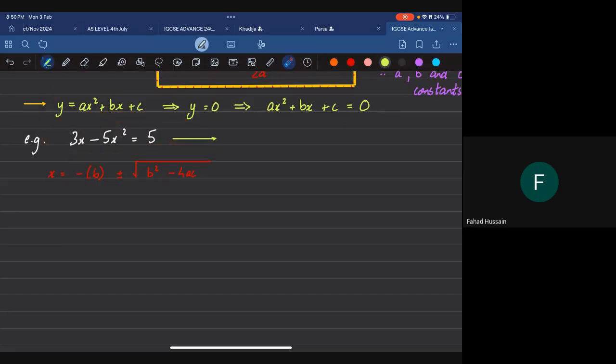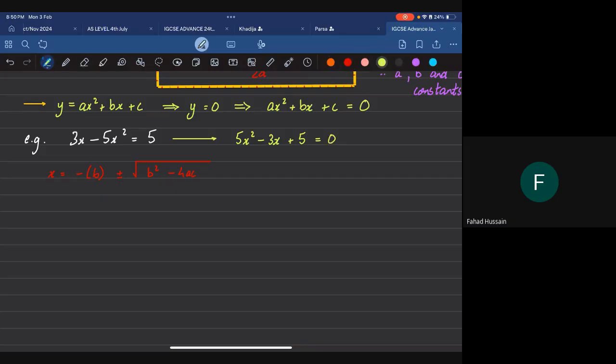And I like to keep my x squared term positive. I don't know why, I just like that. That's my preference, but you should do it as well because it gets easier to solve when your x squared term is positive. So it's going to be 5x squared minus 3x plus 5 is equal to 0.